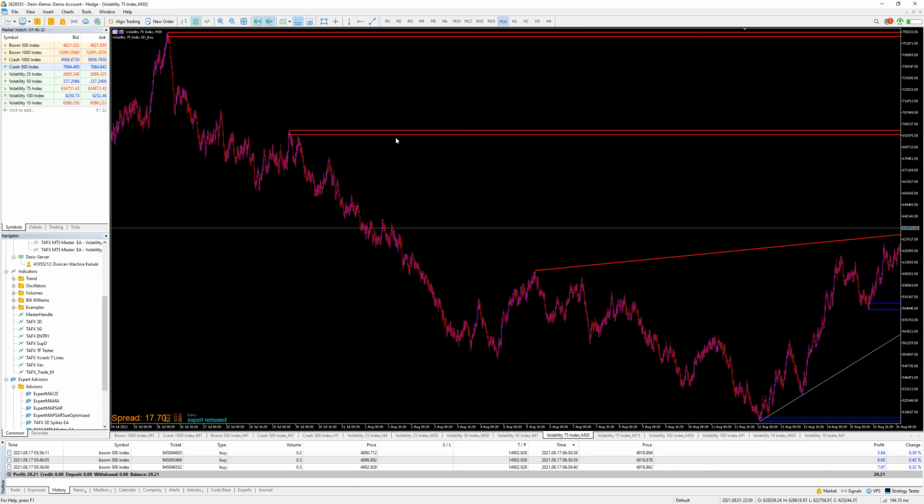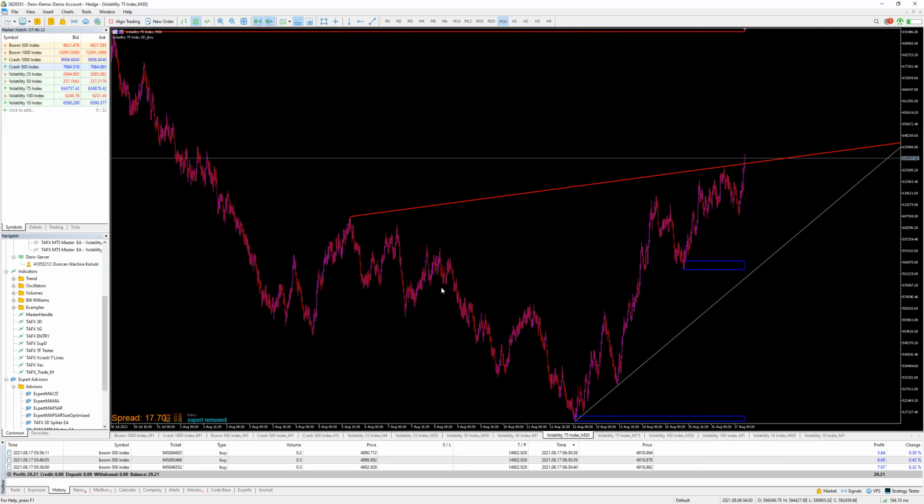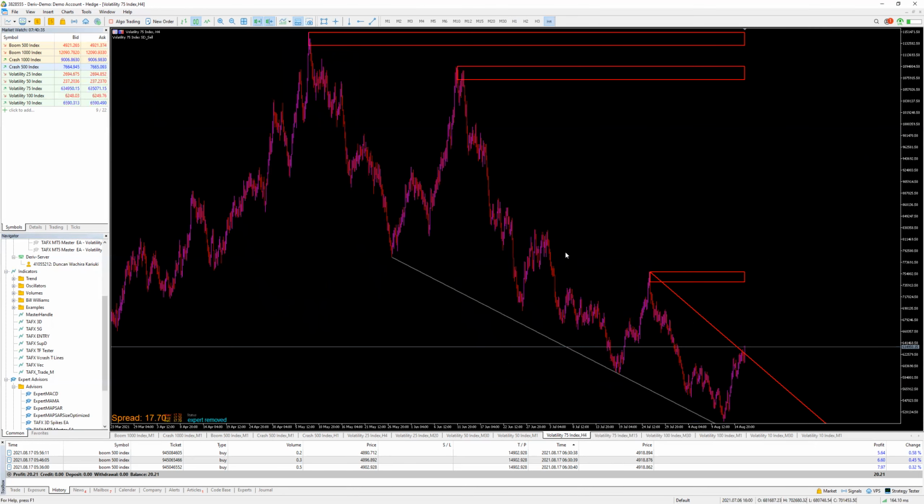But the robot will be picking signal according to the big time frame that you attached with this H1, this TAFX MT5 Master H1. So if you attach it in 30 minutes, that's where the robot will be picking signal from. If you attach that one into 4 hours, there is no problem. That is where the robot will be picking signal from.